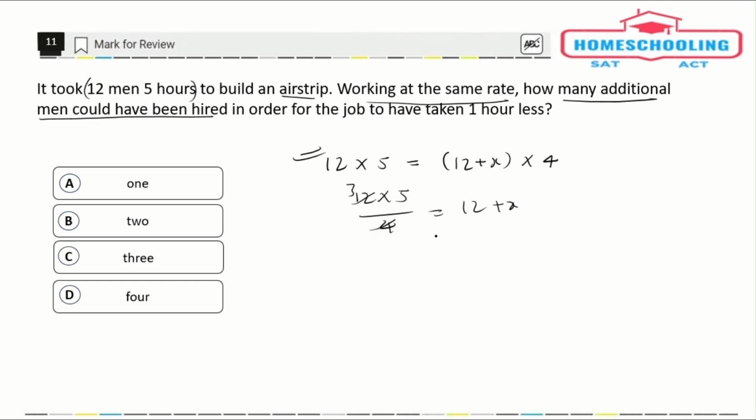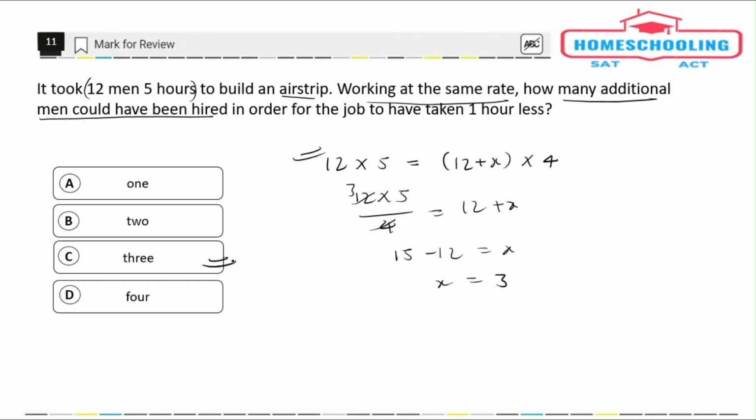3 times 5 is 15. That minus 12 is equal to X, and X would be 15 minus 12, which is 3.